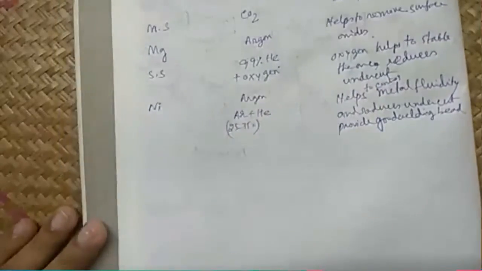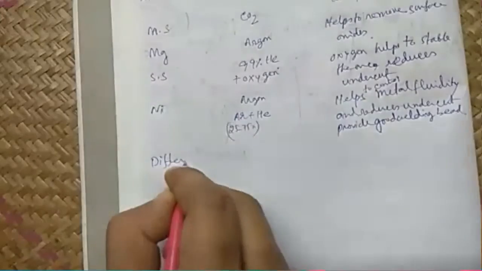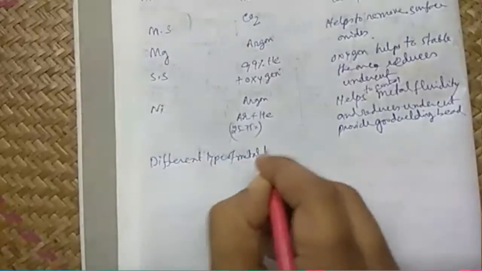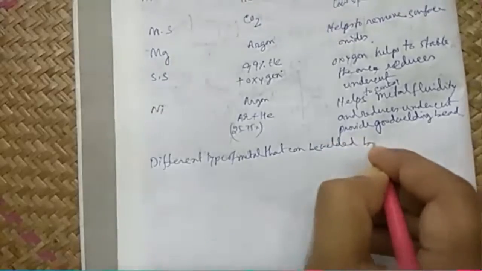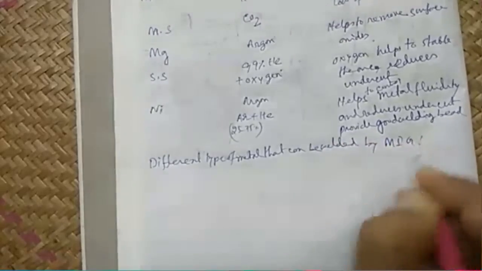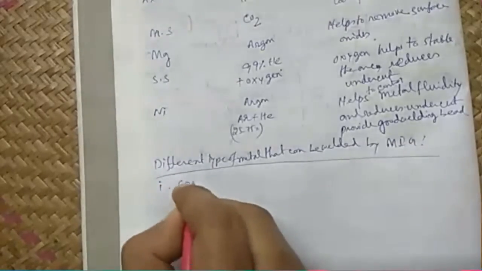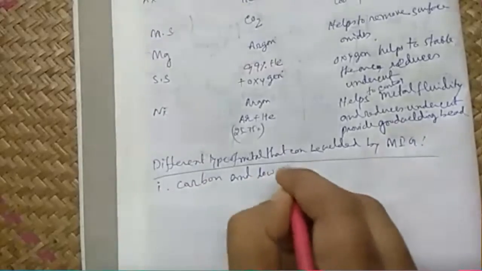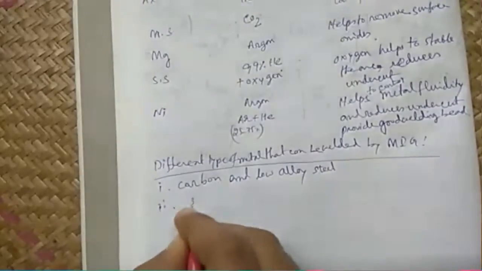Now, different types of metal that can be welded by MIG. Number one, carbon and low alloy steels. Okay, number two, stainless steels.